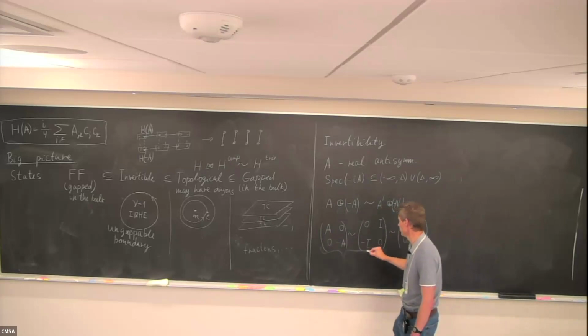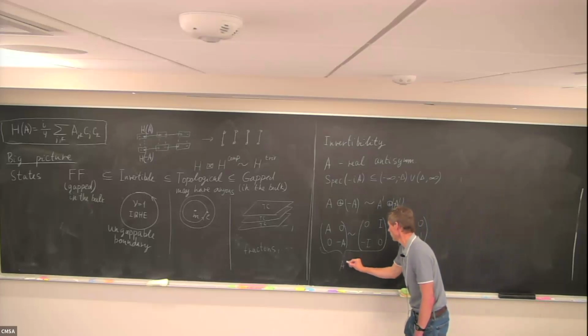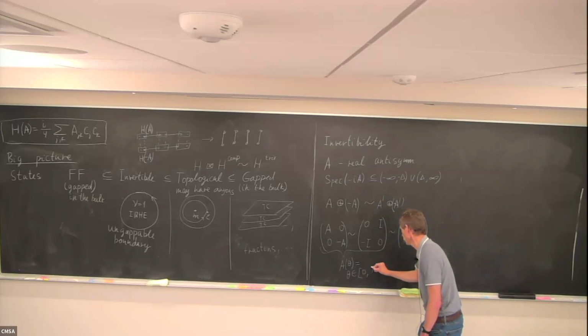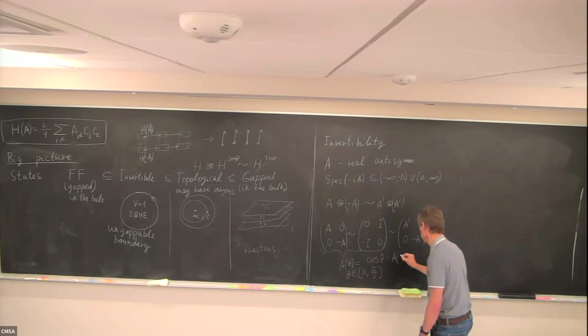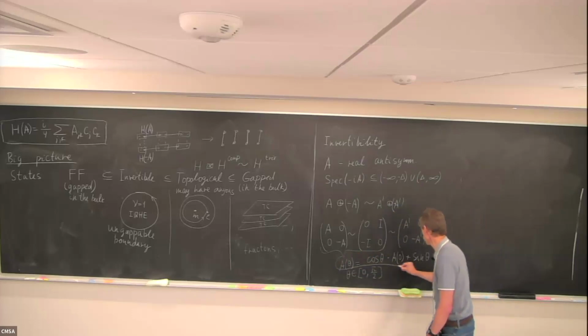Let me focus on this path. We define A of theta, and theta will be in the interval from 0 to pi over 2, like cosine theta. This is a general expression.